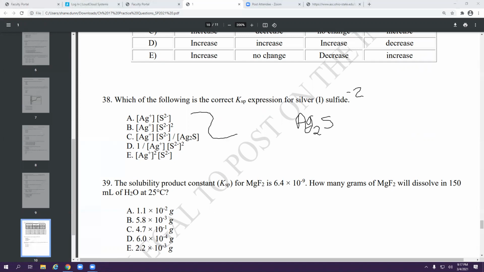Which one of these guys looks like that guy when he's broken up? E is the correct answer because the 2 is attached to the silver, not the sulfur. So B is wrong because that 2 should not be there. It should be on the silver, not the sulfur. Over 1 makes no sense. You're not dividing by that, right? No. So the answer is E.